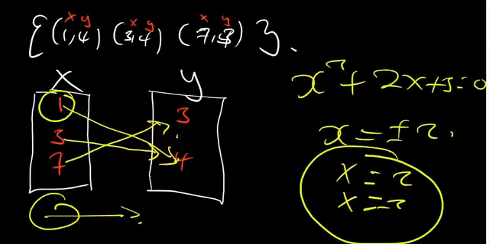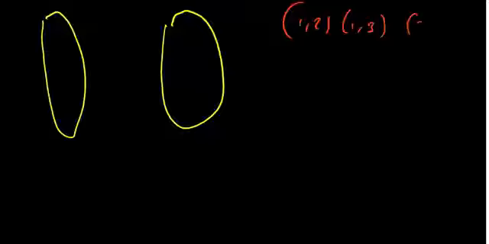For example, let's say we have this function. Let's see if this is going to be a function. Let's say we have 1, 2. Then let's have 1, 3. Let's have 2, 3.